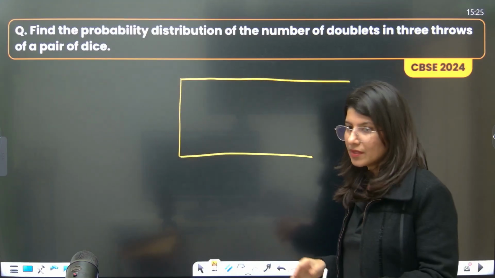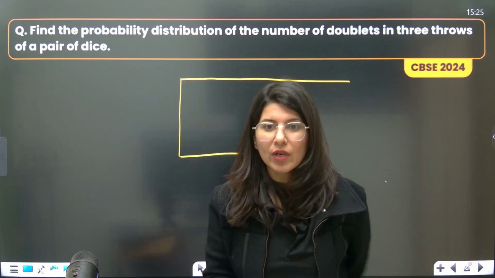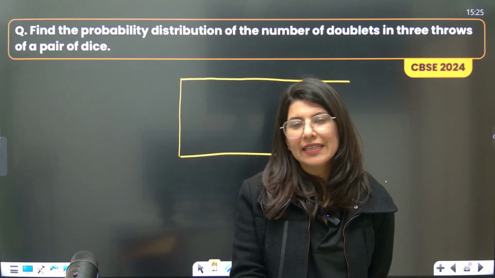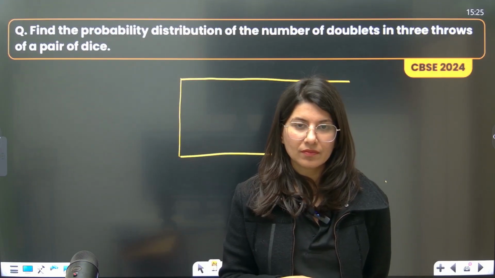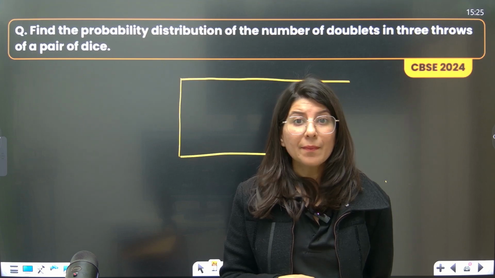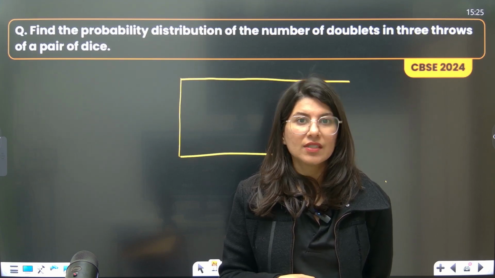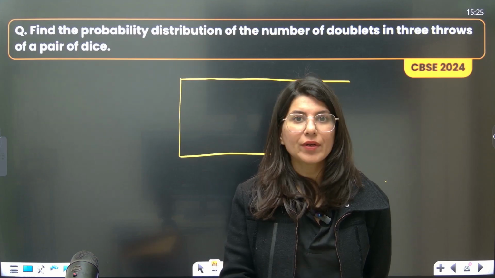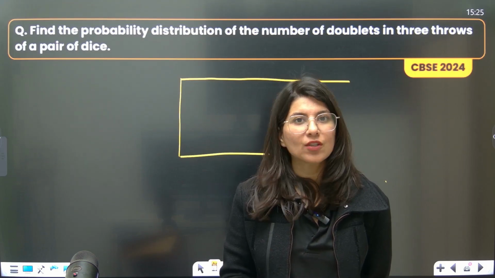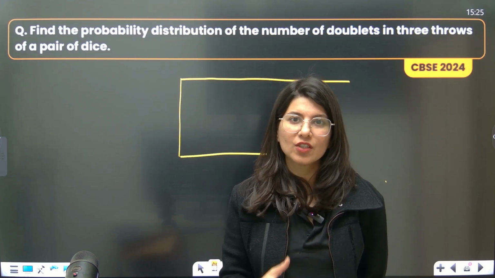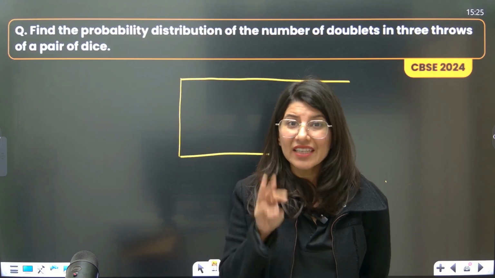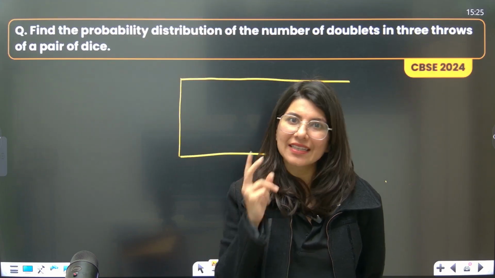Suppose with the pair of dice, in throw number 1, if I am throwing, it can be 1, 2. So how many doublets are you getting? 0 doublets. Then I throw it, 2, 1, 0 doublets. Then at 3, 1, 0 doublets. So overall, in 3 throws, how many doublets are you getting? 0 doublets.